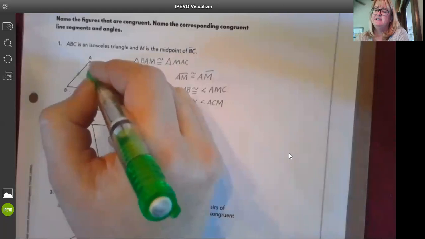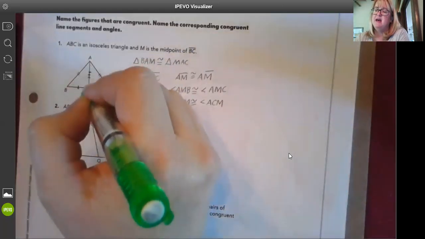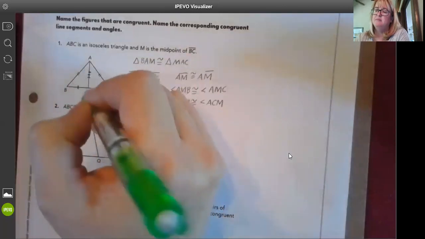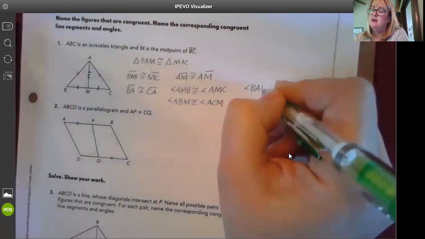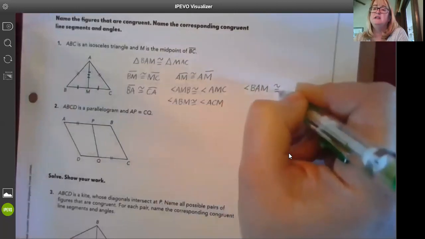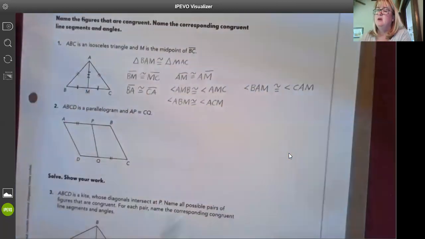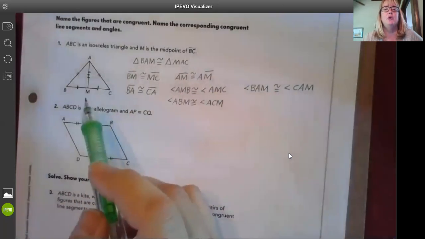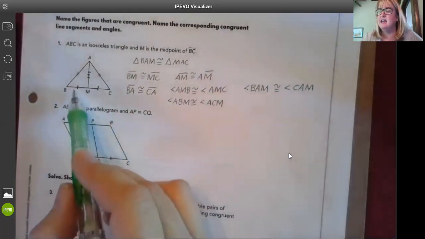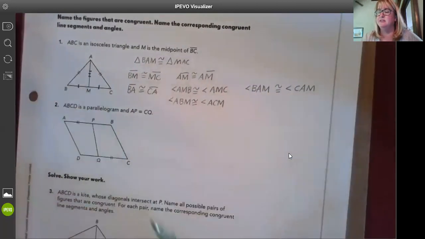That means it cuts this angle into two equivalent ones. So BAM and CAM are the same. Angle BAM is congruent to angle CAM. All right, so we had two triangles. We told the corresponding side lengths, and we told the corresponding angles.